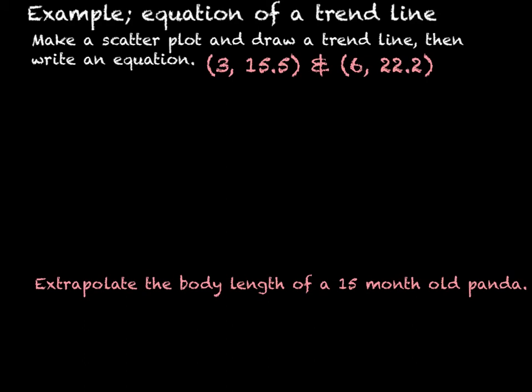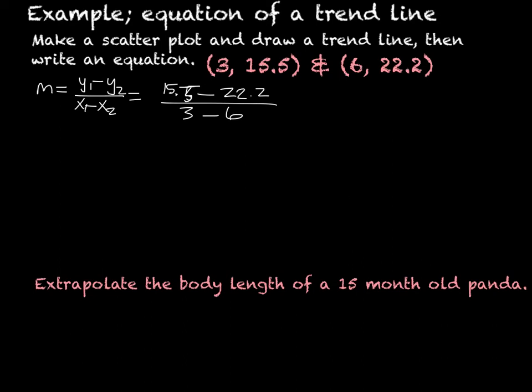So the first thing I'm going to do is find my slope. My slope is y1 minus y2 over x1 minus x2. Y1 is 15.5 minus my y2, which is 22.2, divided by 3 minus 6, which is going to give me a negative 6.7 divided by 3 minus 6 is a negative 3.